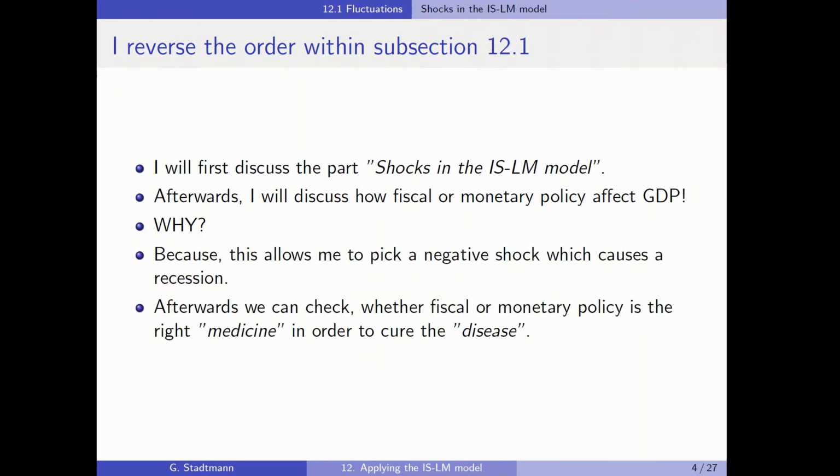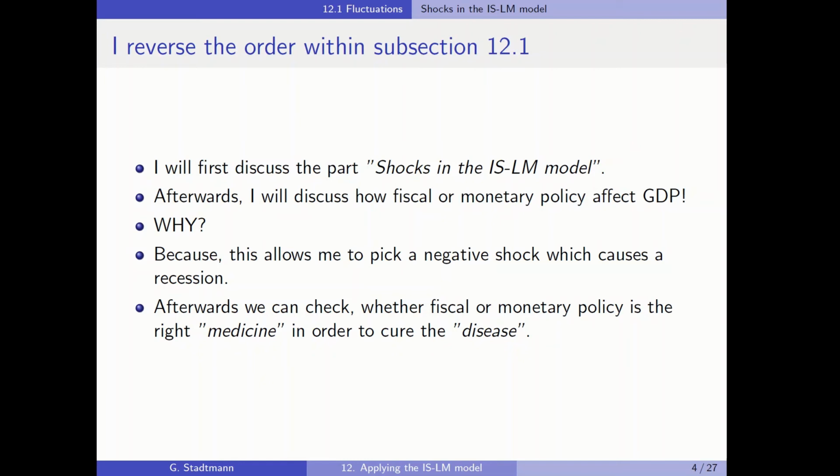It's because this allows me to pick a negative shock first, which causes a recession. Afterwards we can examine whether fiscal policy or monetary policy is the right medicine to cure the disease.